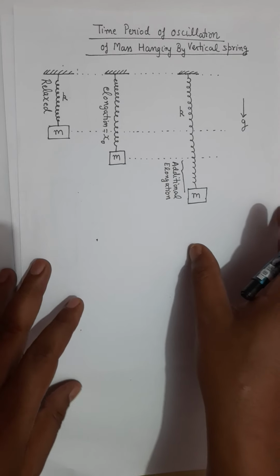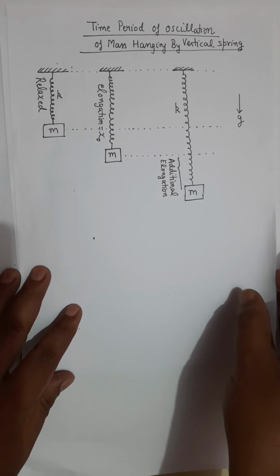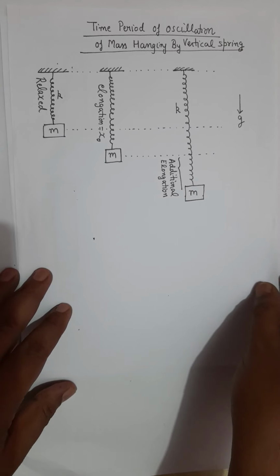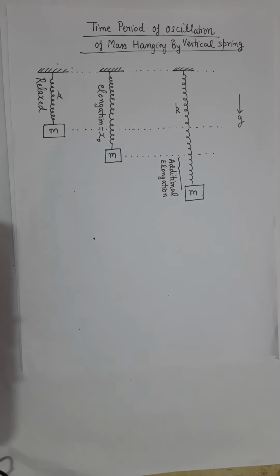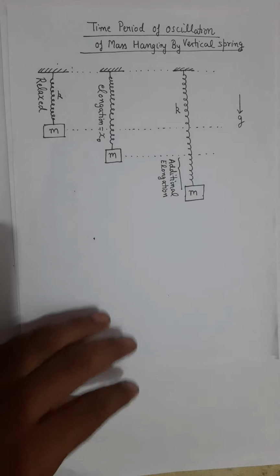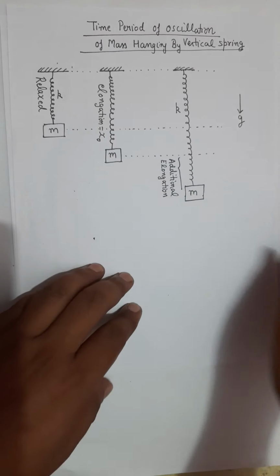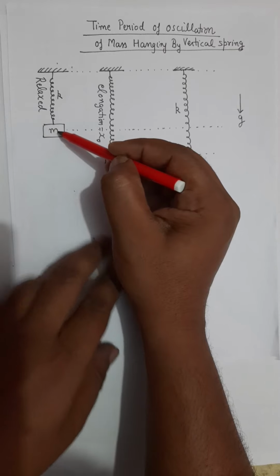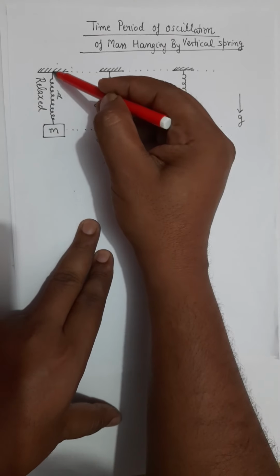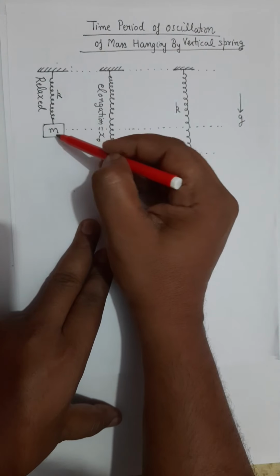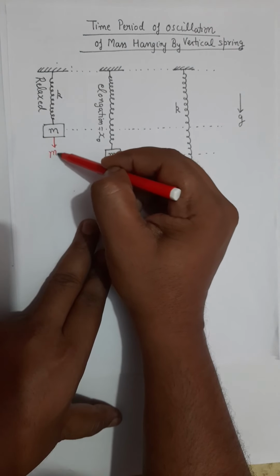Now we have one more concept which can be used for my next topic, which is finding the time period. We all know that when a block is attached to a vertical spring, it starts oscillating about the equilibrium point. Where is the equilibrium point? If I attach this mass m when the spring was relaxed, then the force at this moment was mg.